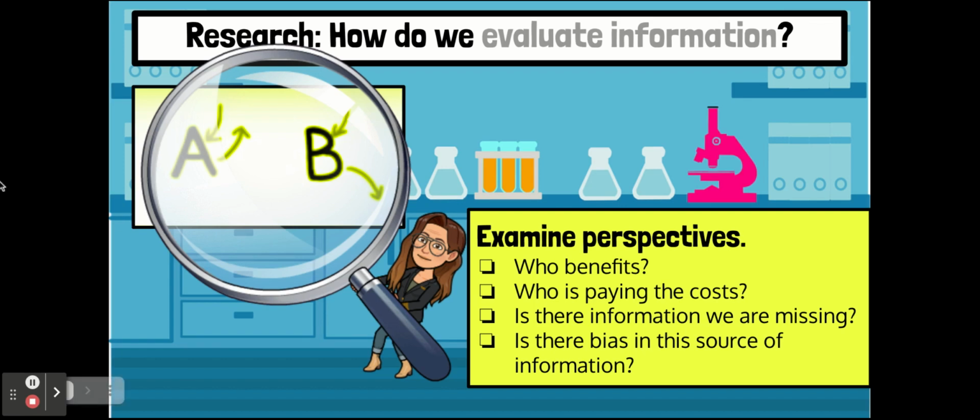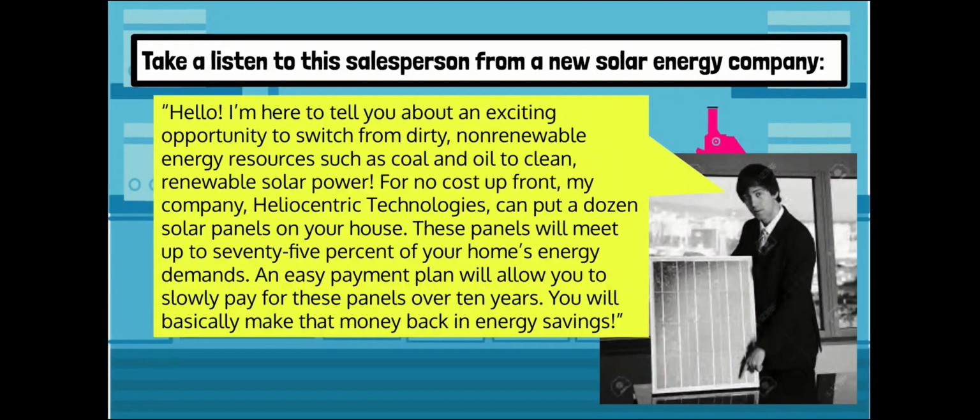We're going to listen to a couple of different sources of information, and we're going to try practicing how to evaluate the information that's being given to us. Are you ready? The first source of information is a salesperson from a company called Heliocentric Technologies. Now, take a listen to the information that he's giving us and try to think of some of those questions, right?